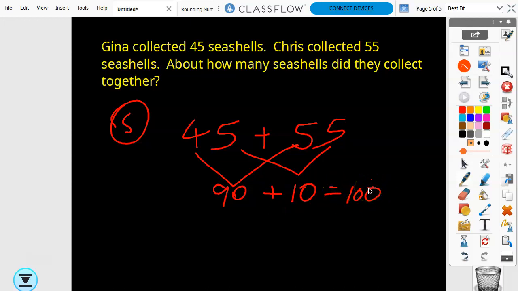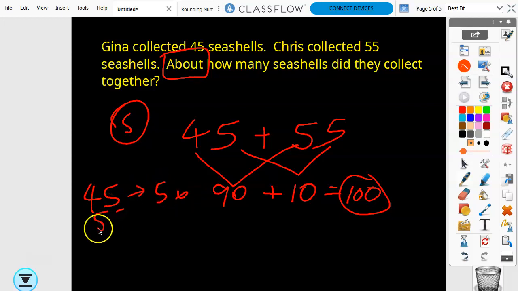But then if you look at the number, 100, you would say, oh, I don't need to round that. That's a rounded number already. Well, then your answer would not be correct in estimation. In estimation, if you round first, this would become 50. And this one would be 60.